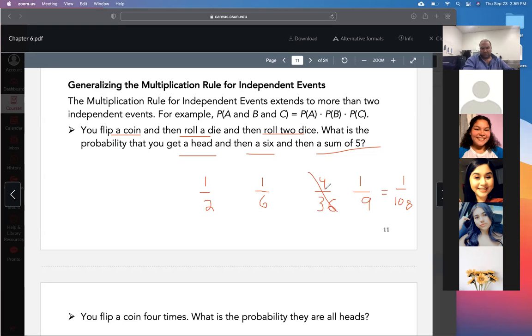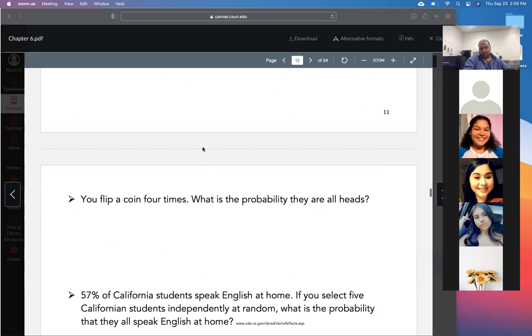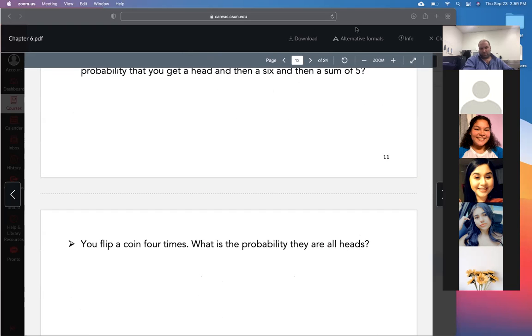Okay, what about if I flip a coin 4 times? What's the likelihood that all 4 are heads? It's not 1/4. Wouldn't it be 2/4? But then it's still 1/2, and that doesn't make sense, does it?